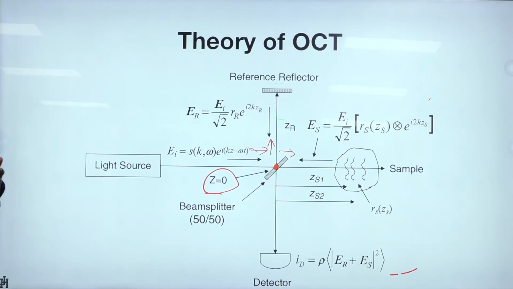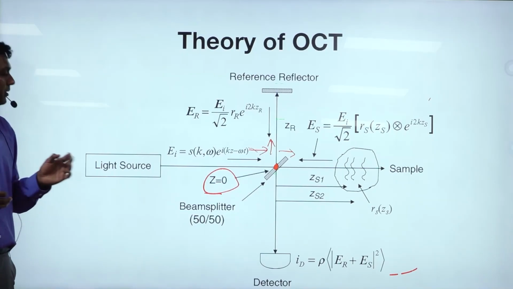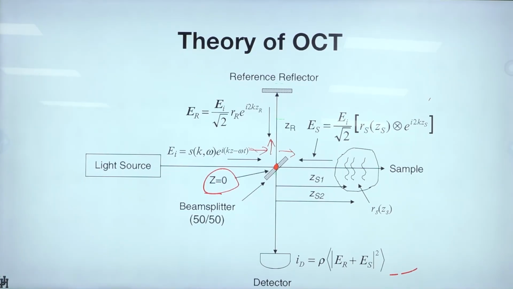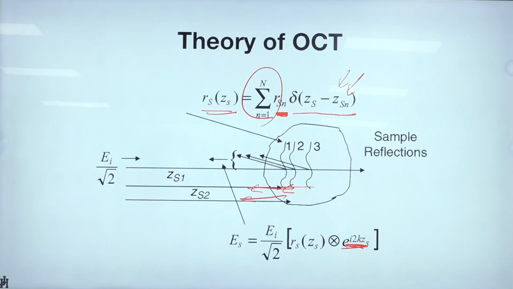Based on the experiment, there are details of how to build the system where you can choose different splitting ratios. For practical reasons, often it can be 75-25 or 90-10. But the principle is the same: split the light. And the theory is the same for all the different versions.